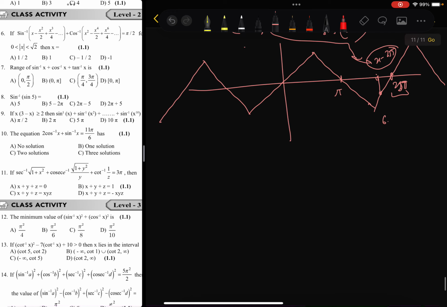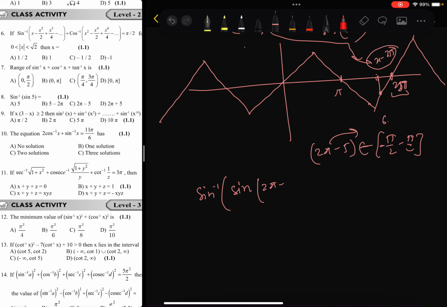Also, if you want to use the formula, see, sine inverse sine. If you write 2 pi minus 5, so 2 pi minus 5 will lie between minus pi by 2 to pi by 2. So in place of this one, you write 2 pi minus 5.